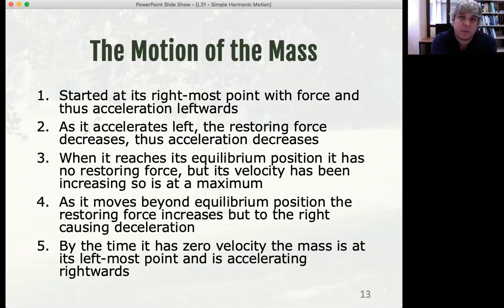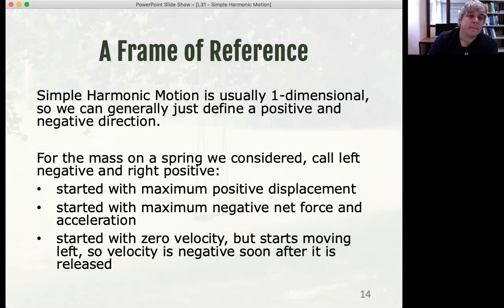And then it will do that whole thing all over again. And so hopefully you can start to visualize what the graphs are going to look like, because what we're going to do is graph the position, the velocity, and the acceleration.